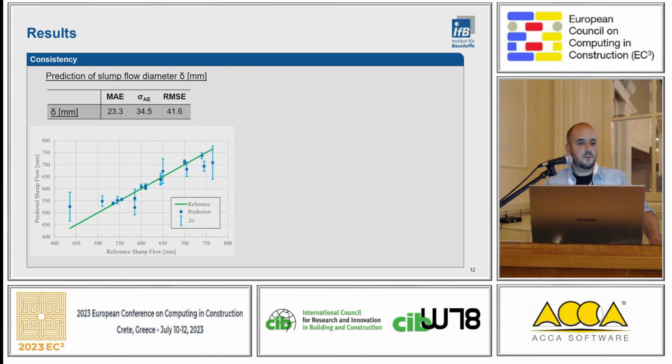Yeah, so let's have a look at some quantitative results. The first thing that we predicted is the slump flow diameter. And as we can see here in the table, we achieved in the prediction a mean absolute error of 2.3 centimeters with a quite huge standard deviation of 3.4 centimeters. Sorry.